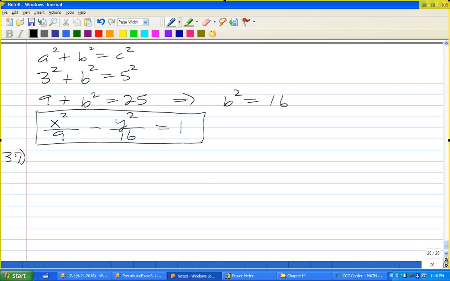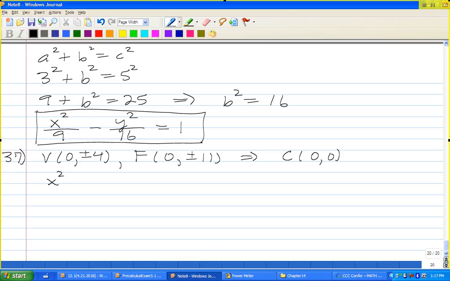The vertices are 0 plus or minus 4, the foci at 0 plus or minus 11. So this says that the center, the midpoint between the two foci, well, is the origin.